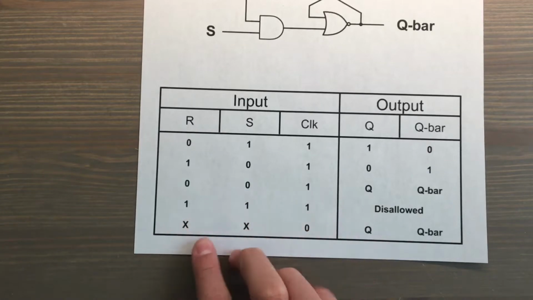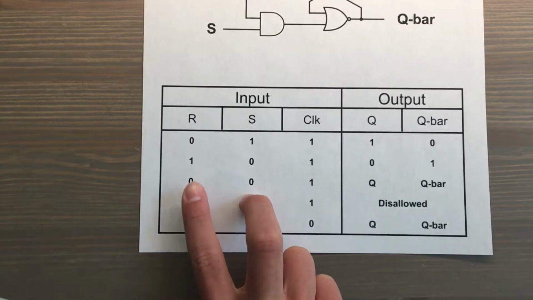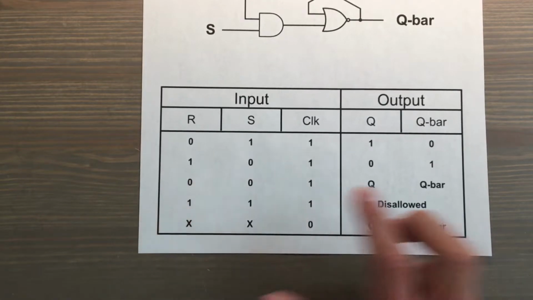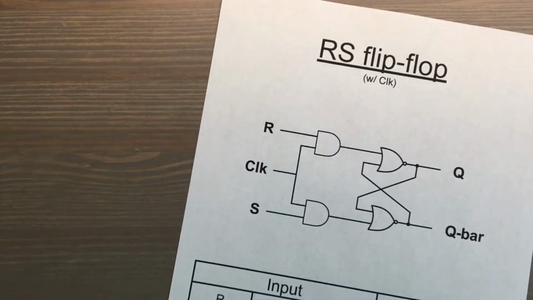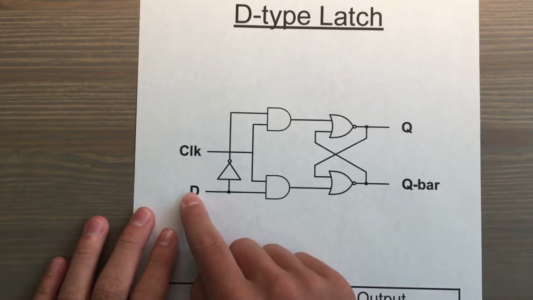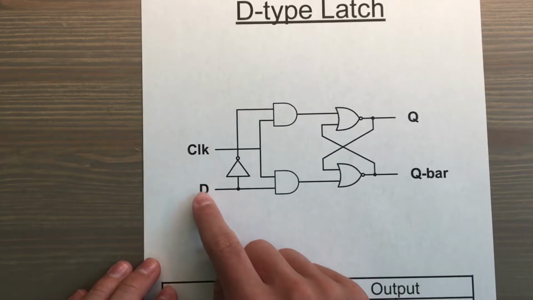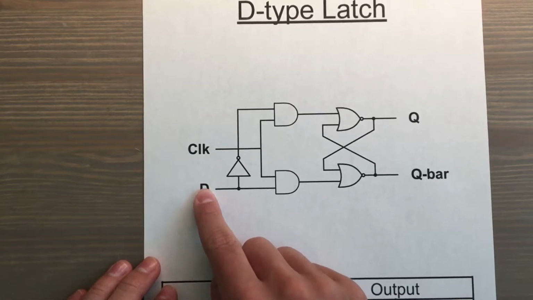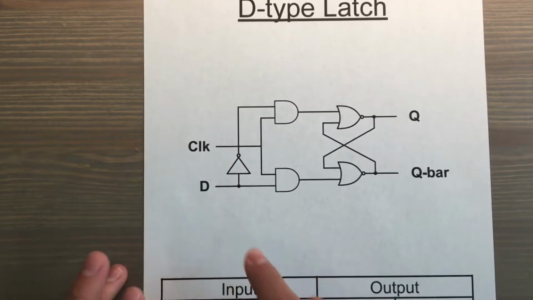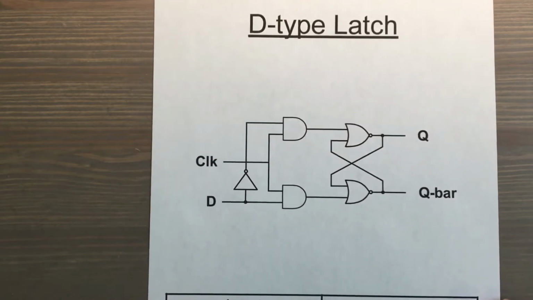The only time when they're not is in our disallowed state and when we're not inputting any data. So, to make this simpler, we can just have one input instead of 2 and add an inverter for the other one. So we've replaced the S input with D for data, and our R input is just inverted S.